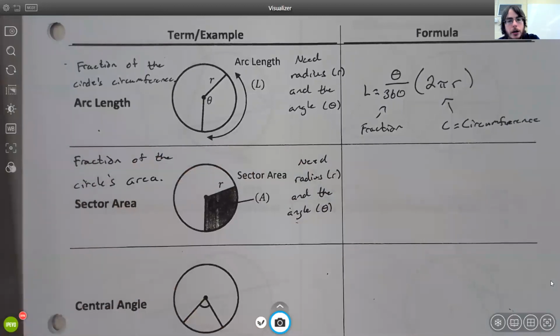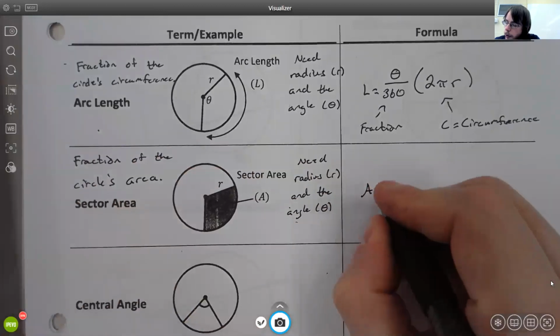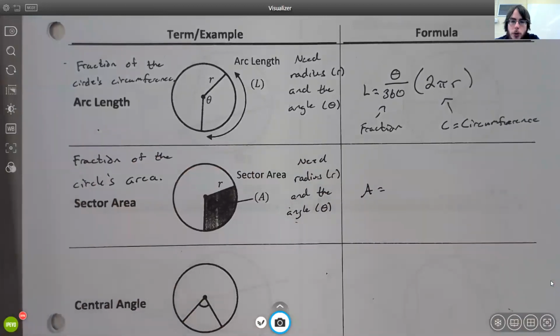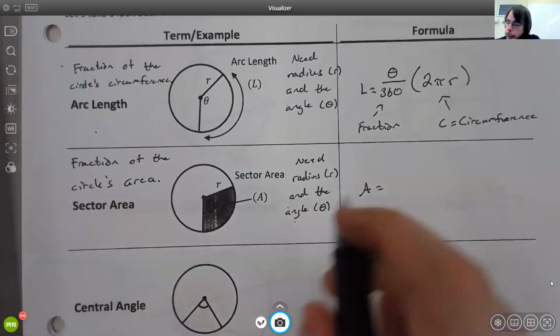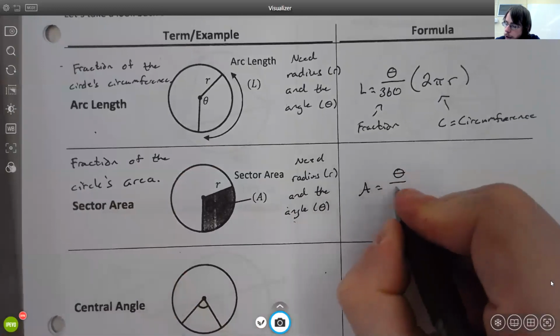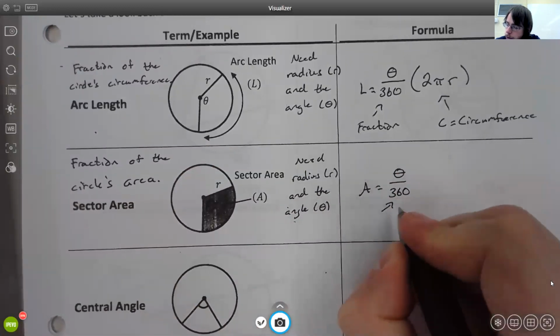Just like before with arc length, our sector area is going to start out with the formula A equals, and then you're going to have your fraction. Your fraction has not changed. You still have theta over 360.